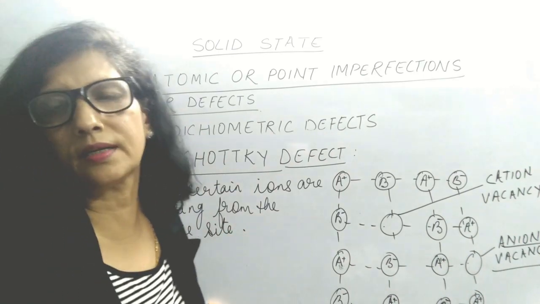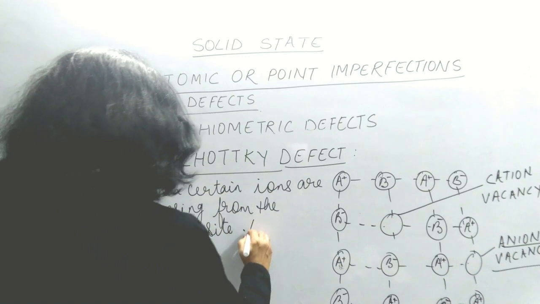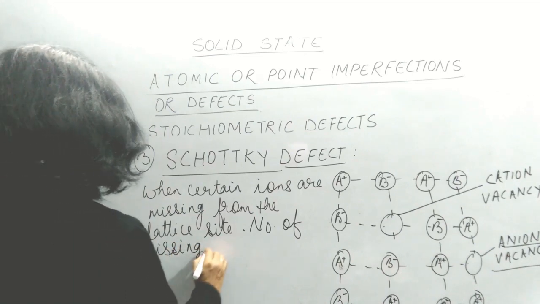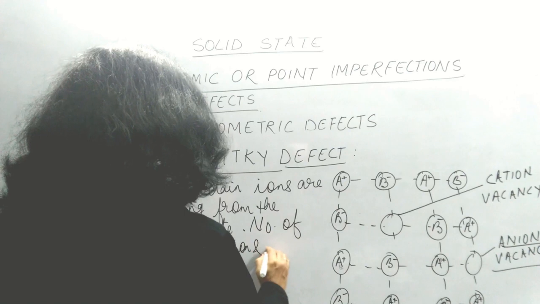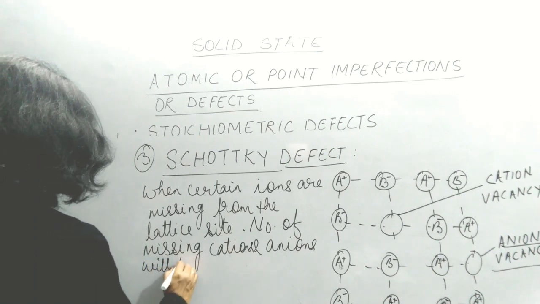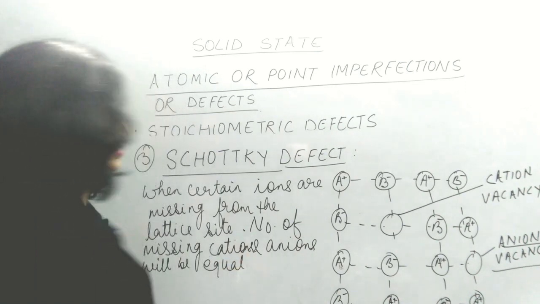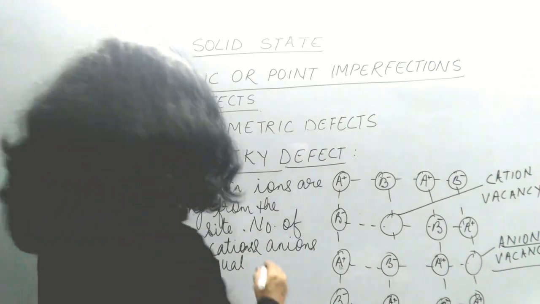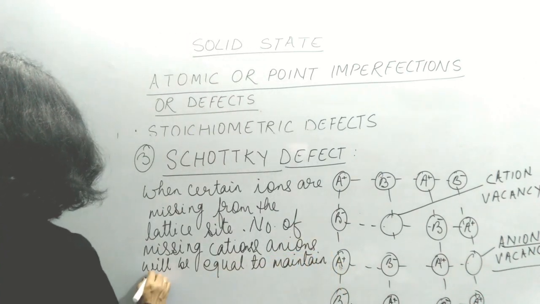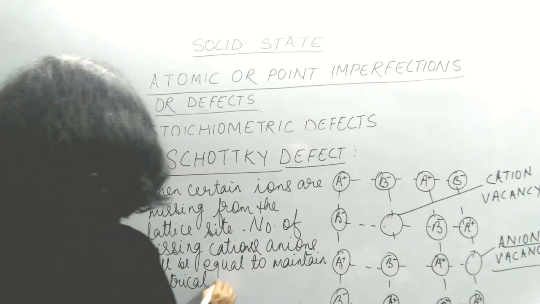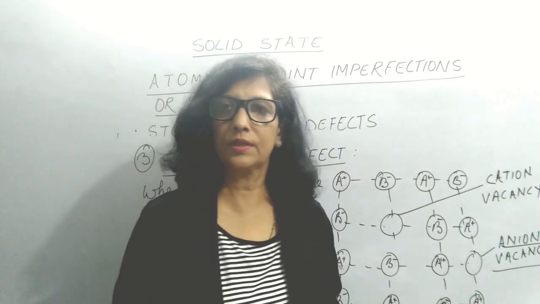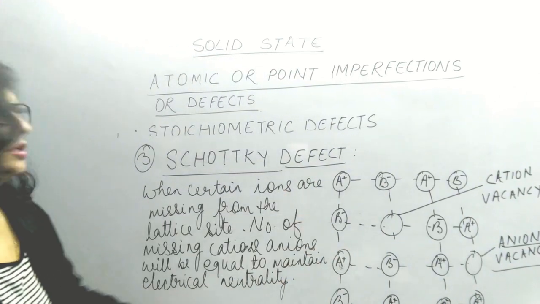The number of missing cations and anions will be equal to maintain electrical neutrality. So this is about your Schottky defects.